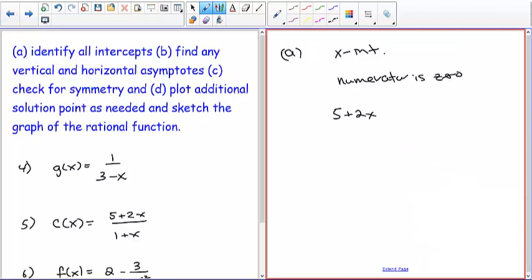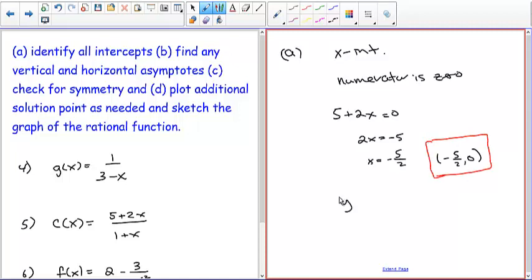So to find the x-intercepts, we set the numerator equal to 0. So you get 2x equals negative 5, x equals negative 5 halves. So we're going to say it's negative 5 halves, comma 0. So that's a point. It's an intercept. Then the y-intercept, you set x equal to 0.